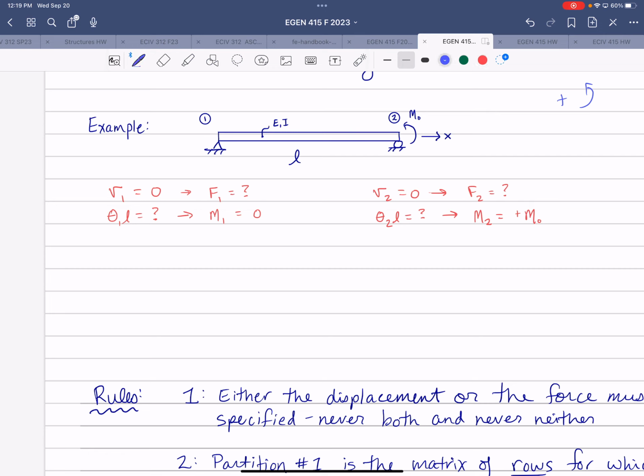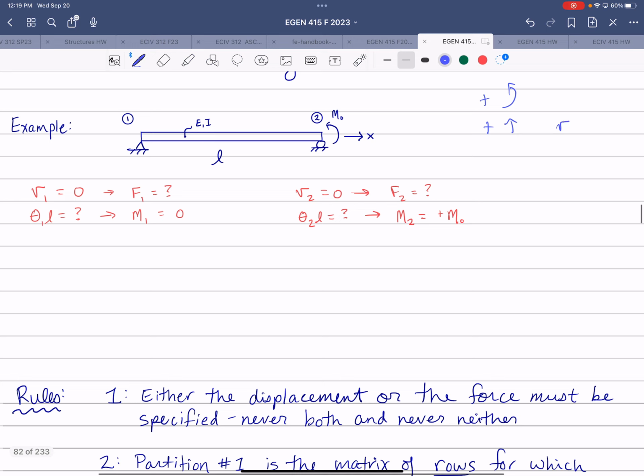And I'll just, to be complete, add our positive up for the sign convention of displacement and force.